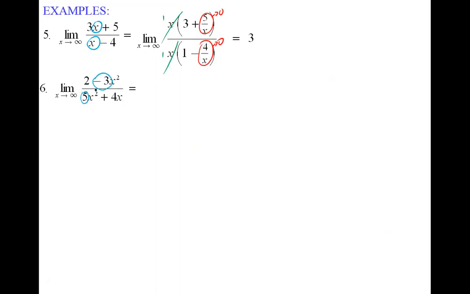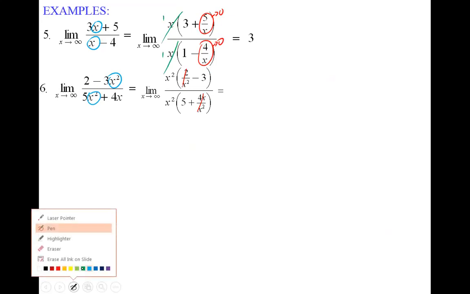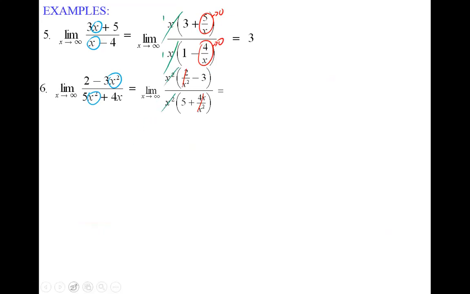But first of all, it's important, let me circle the function. X squared and x squared, those are my leading functions. Let's factor out. This goes to 0, this goes to 0, and x squared will be cancelled out. No problem. And negative 3 over 5 stays, and that's the answer. Right? We can see how fast we can do it.